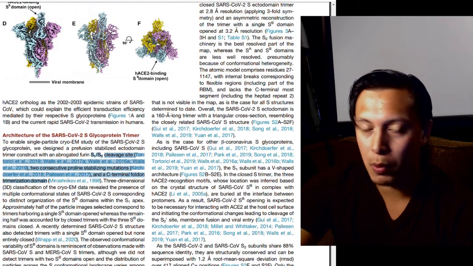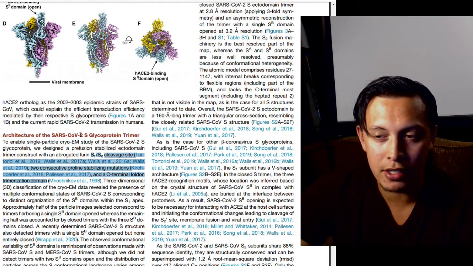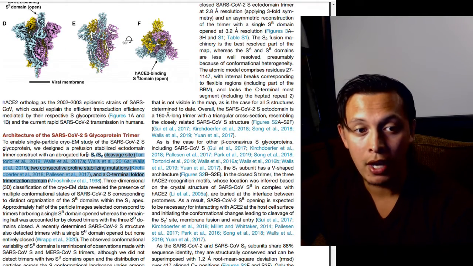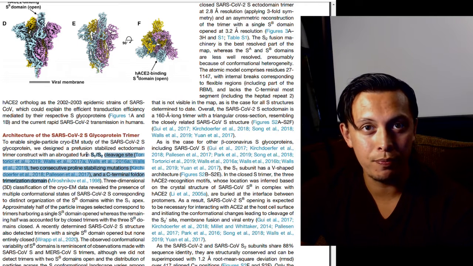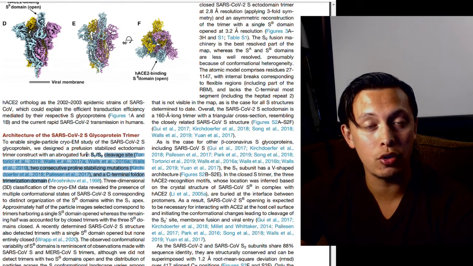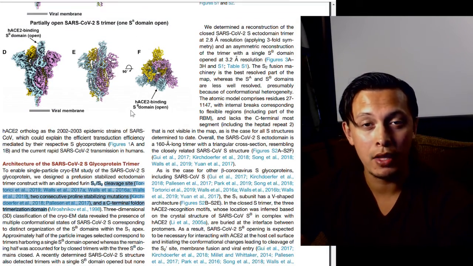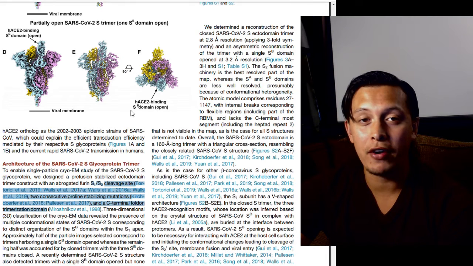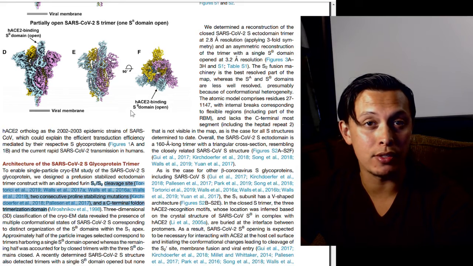So the first thing that we want to talk about is, remember the furin cleavage site that I was talking about before. With the coronavirus cultures that they did with this new coronavirus, what they found was there was a protease cleavage site that was very active, as far as how easily it was cleaved by the proteases within the cell.